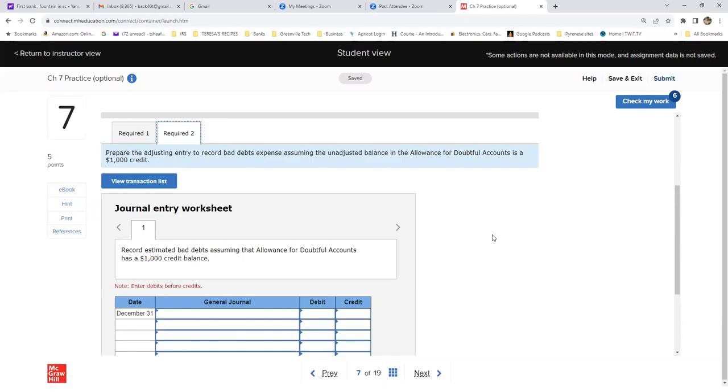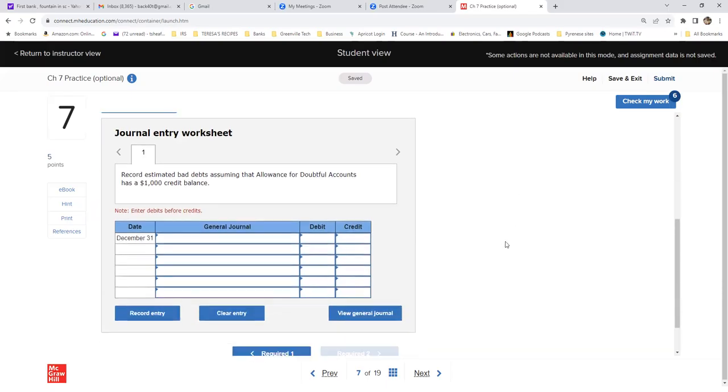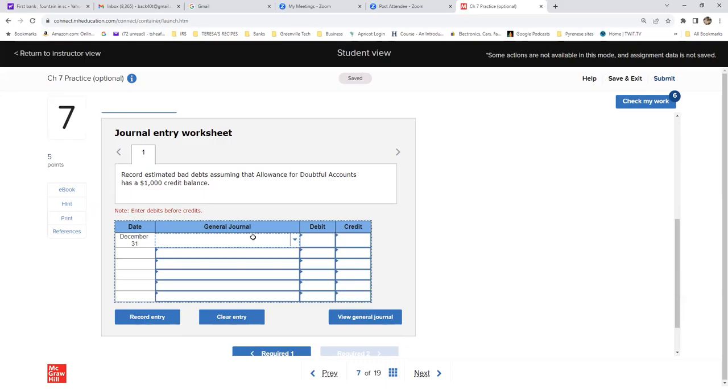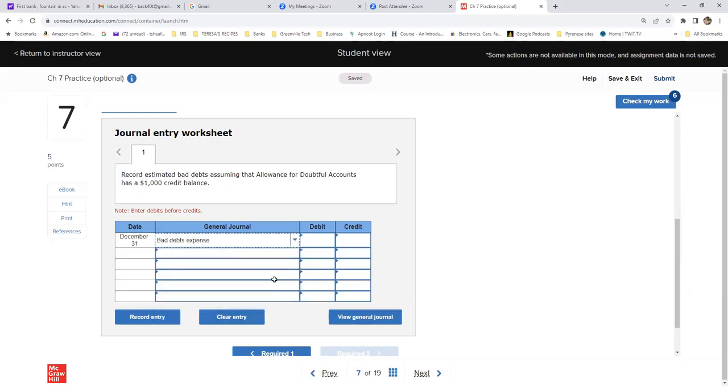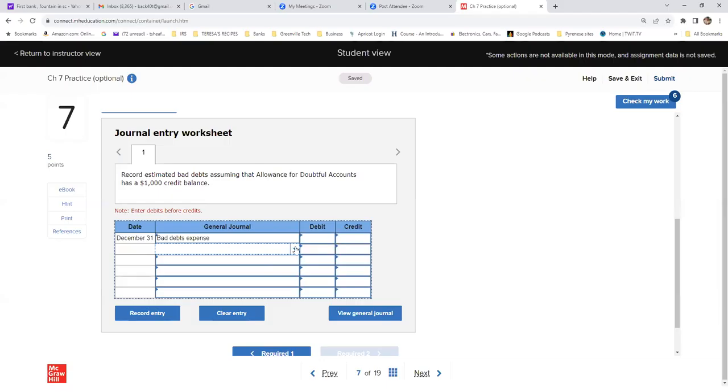Requirement number 2. Next, we're going to actually put it in the general ledger as the adjusting entry. So, under the first one, it's going to be a debit to bad debt expense. That should be a pretty common theme now. We've done it in just about every problem.